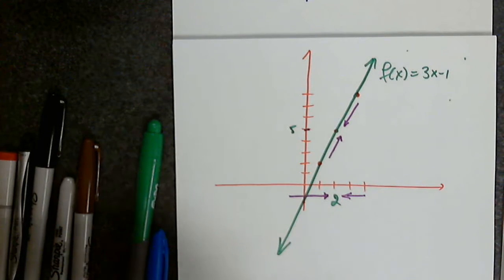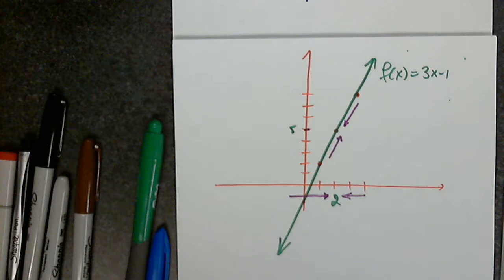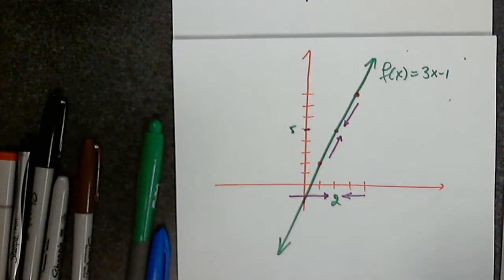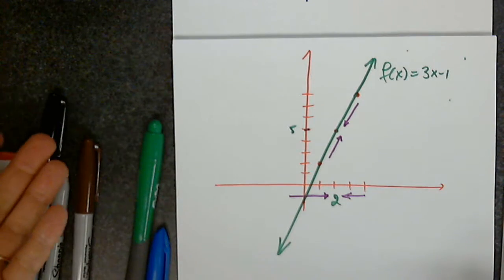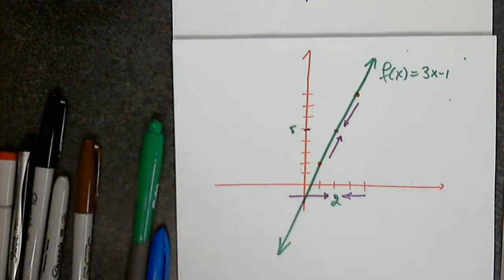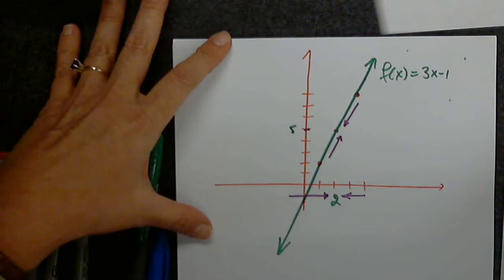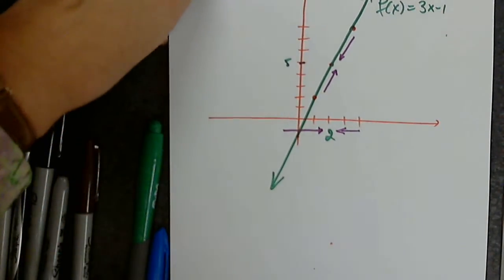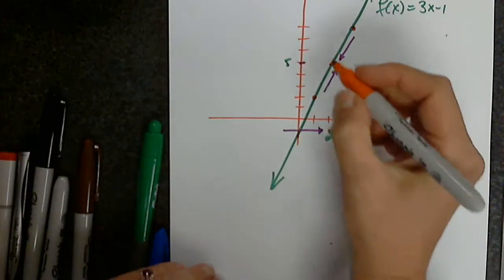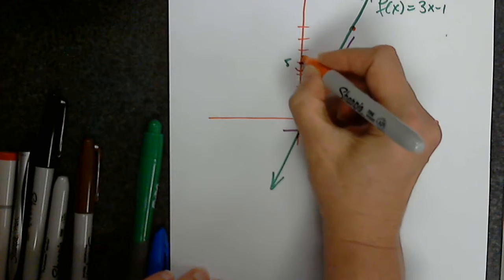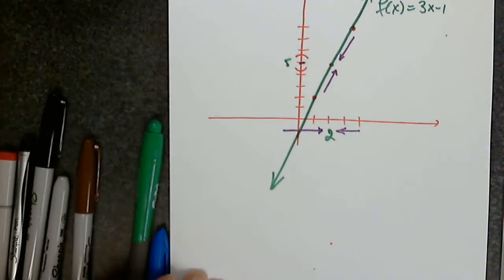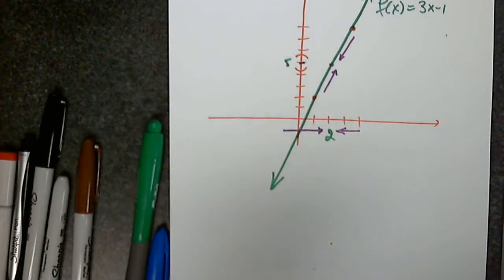Good. Now, in order to show that this is true, although we see it's true, we want to show in a formal way that this is true, we're going to look at an interval, which is a symmetric interval around 5.